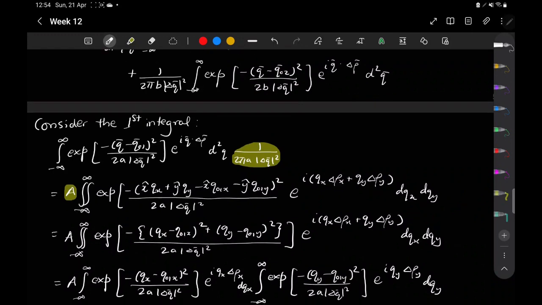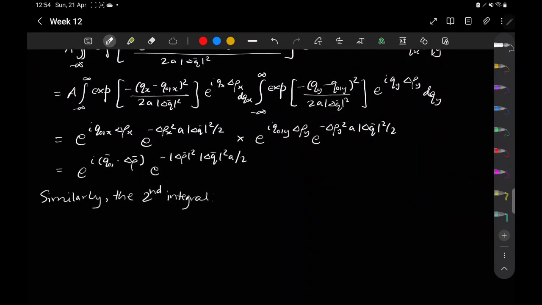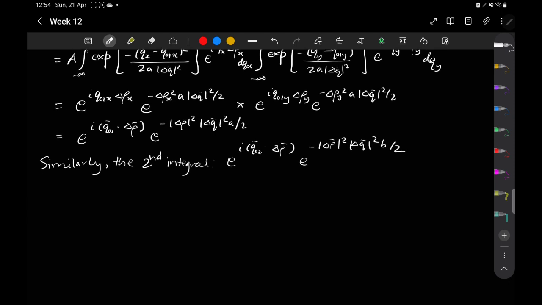The second integral is the same thing with q naught 2, and a goes to b. This will give us, therefore, our W is given as follows.